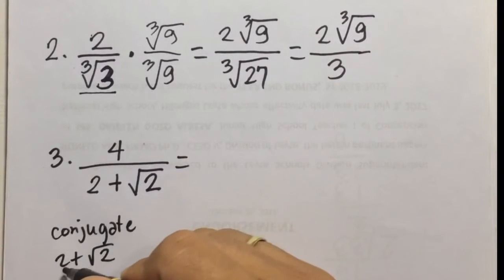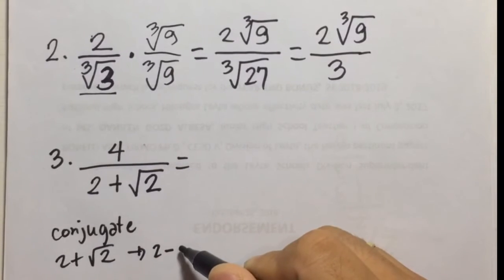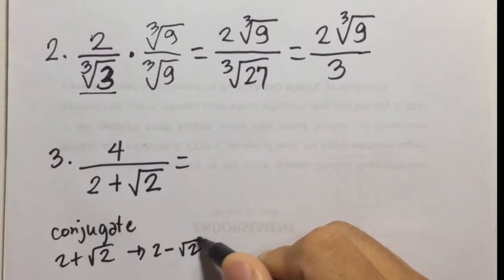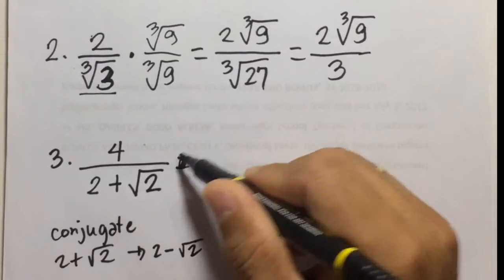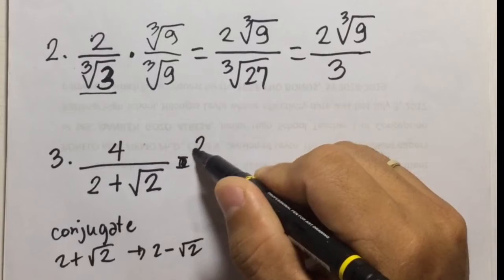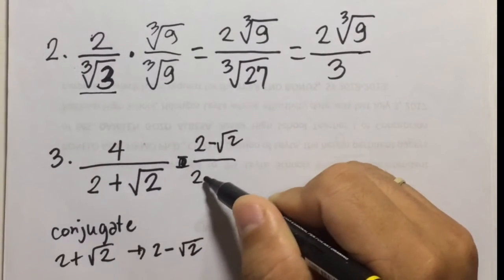So the conjugate of 2 plus the square root of 2 will be 2 minus the square root of 2. We multiply the numerator by 2 minus the square root of 2, and the denominator by the same number.